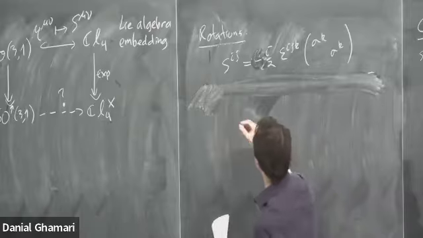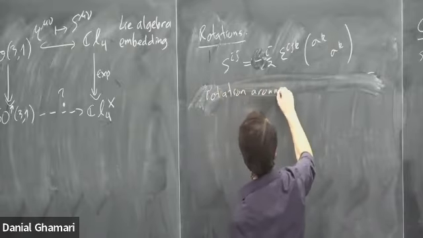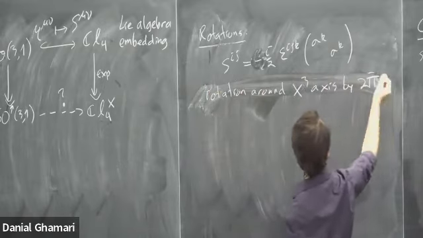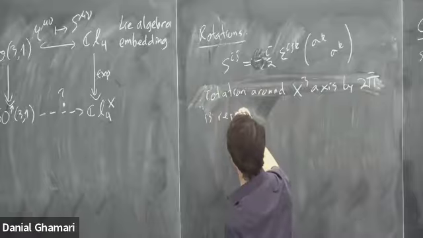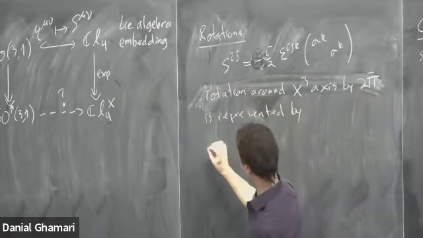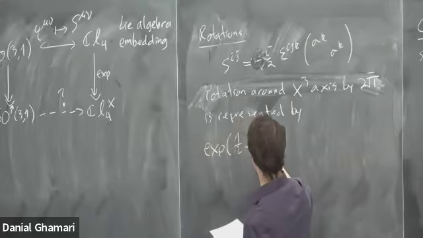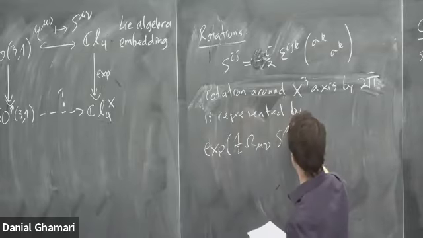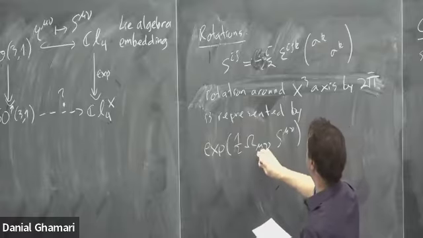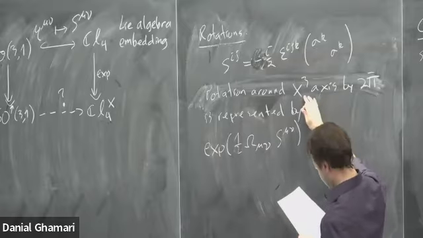Let's just say it like this: the rotation around the x3 axis by 2π is represented by one of these exponentials, of S_μν, where these are carefully chosen so that the only non-zero terms correspond to the rotation around the x3 axis.